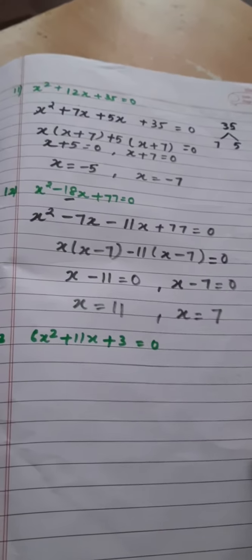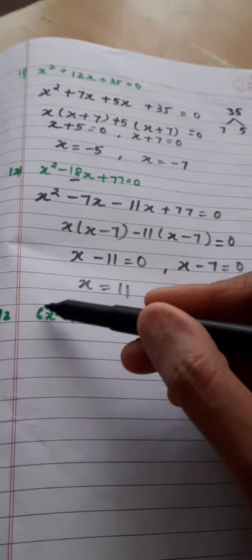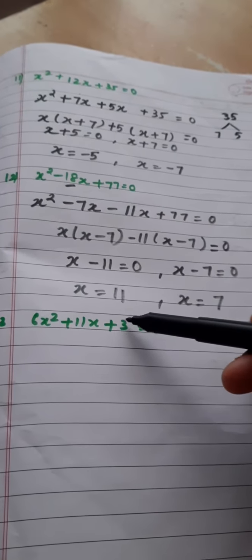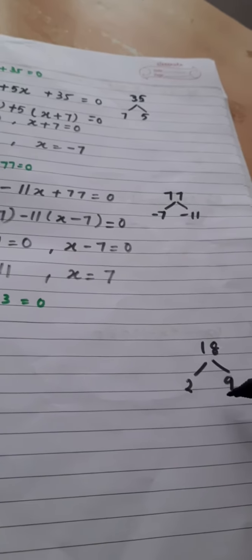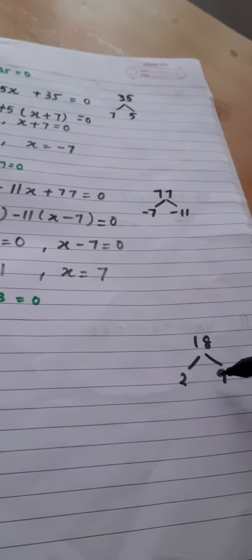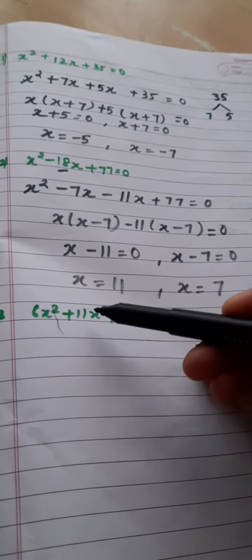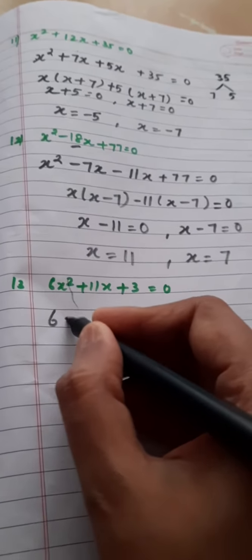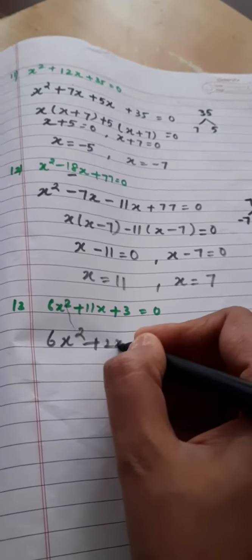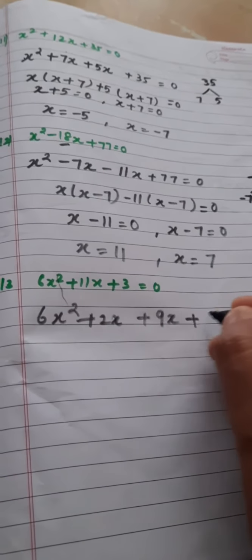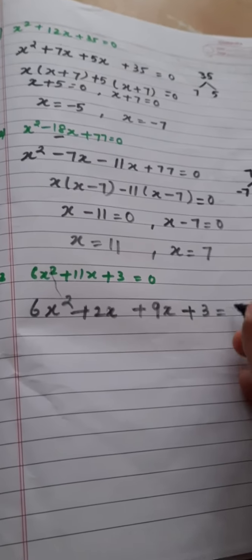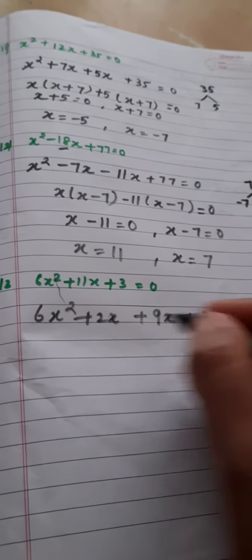Next question number 13, if you see 6 3s are 18. It's a positive integer in both the places. So 2 into 9 we can make it as 18. 9 plus 2 is 11. So 6x square plus 2x plus 9x plus 3 equal to 0.